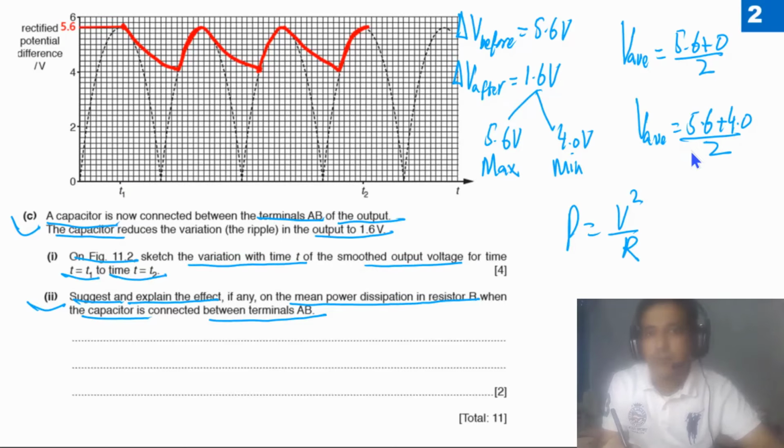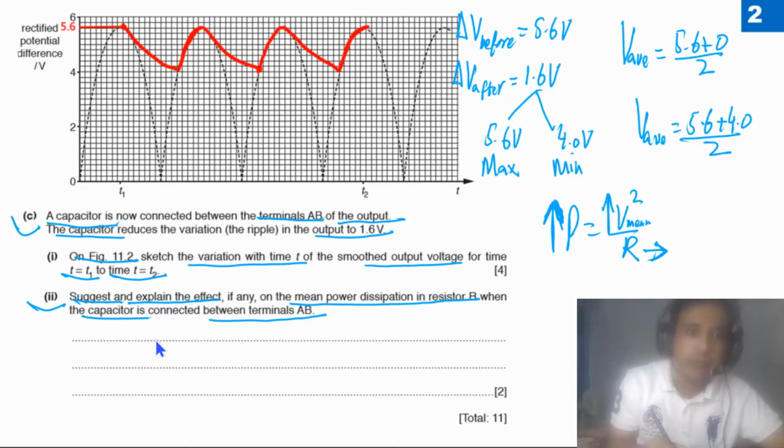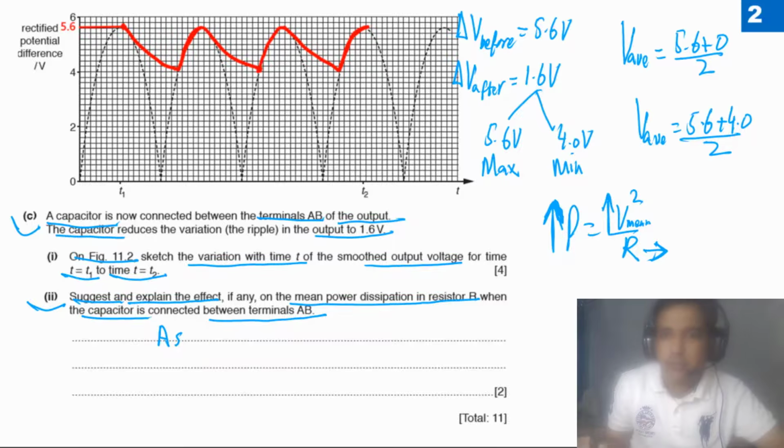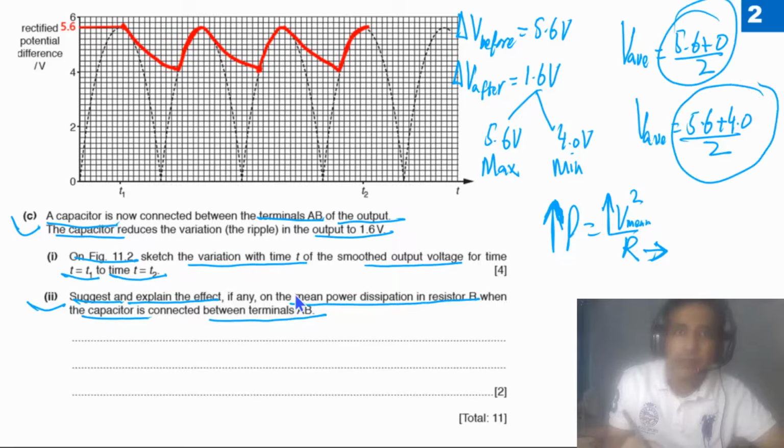So we can see after, the mean PD across the resistor has been increased. If this value has increased, it means the power dissipated in the resistor has been increased because the resistance of the resistor is not changing. So simply we can say, as mean PD increases across the resistor, so this one is greater than this value.